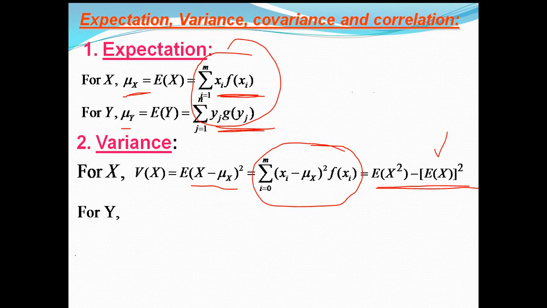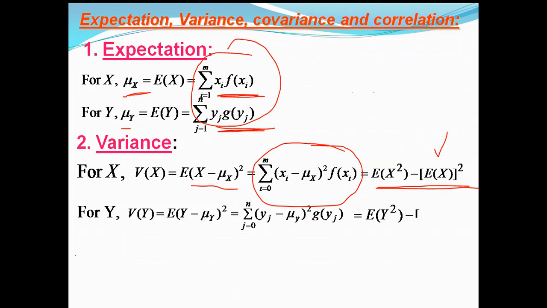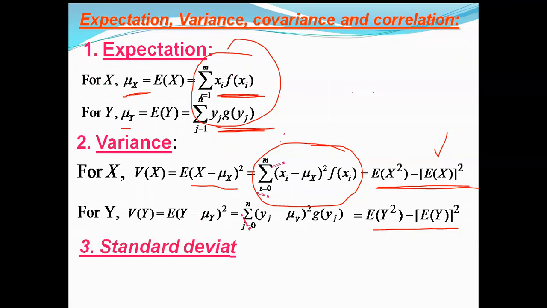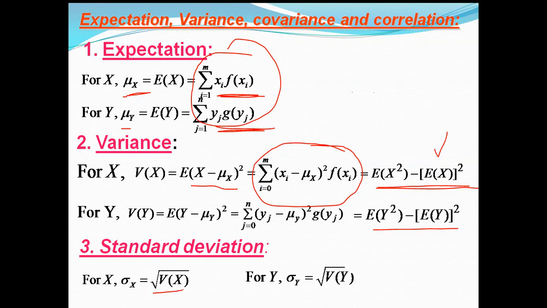The variance for the Y distribution is E(Y squared) minus (E(Y)) whole squared. E(X squared) and E(Y squared) we have to find. Next, standard deviation, which is nothing but the square root of variance. The standard deviation for the X distribution is the square root of the variance of X, and for Y it is the square root of the variance of Y.